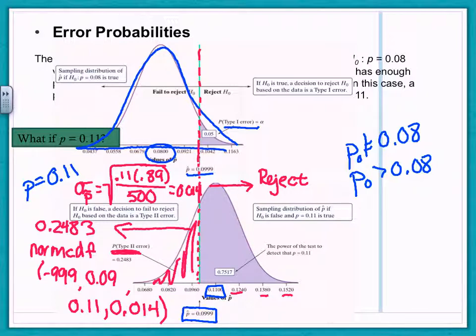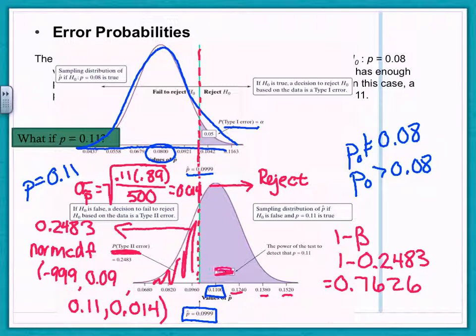The power of the test is going to be found by doing 1 minus beta, which was your probability of a type 2 error, which was 0.2483, okay? So the power of my test here is 0.7517.